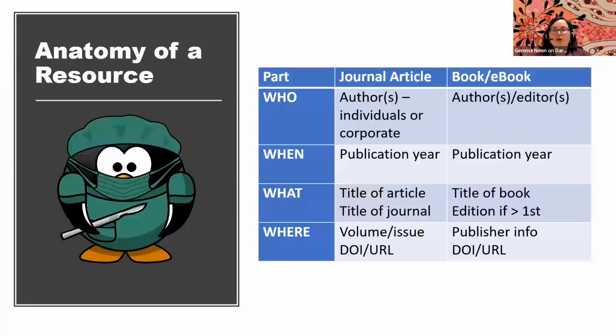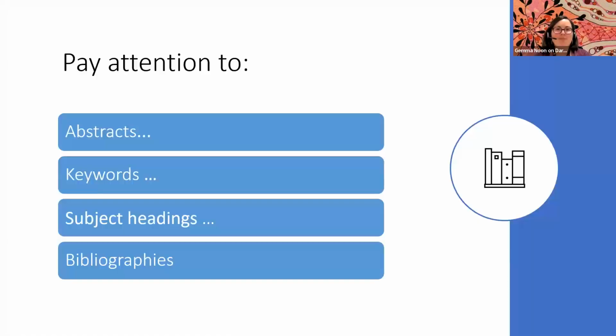And for a book, you will have information about the publisher. So depending on your referencing style, you will have the name of the publisher. You may need to include the place of publication too. And if it happens to be electronic, you will have a DOI or a URL to add to your citation as well. Next slide, please, Fiona.